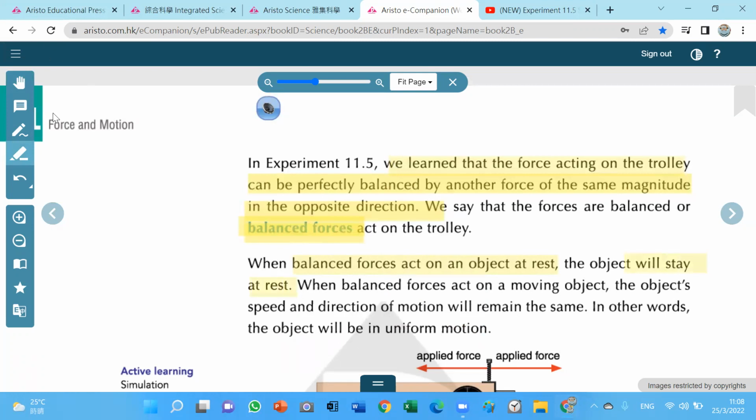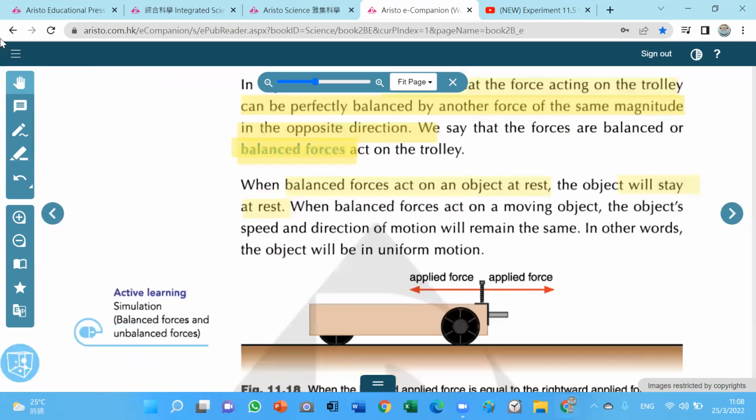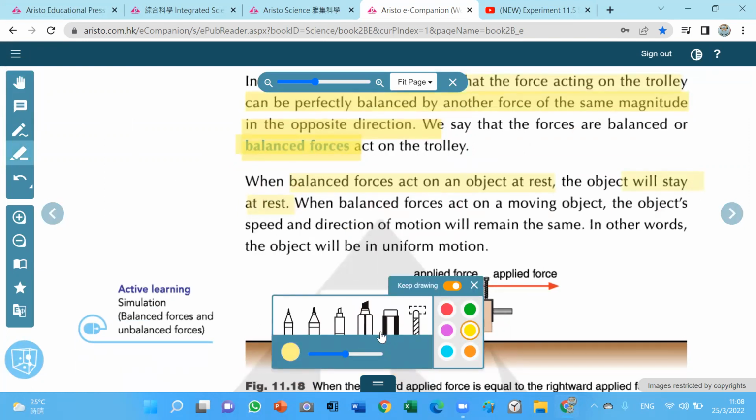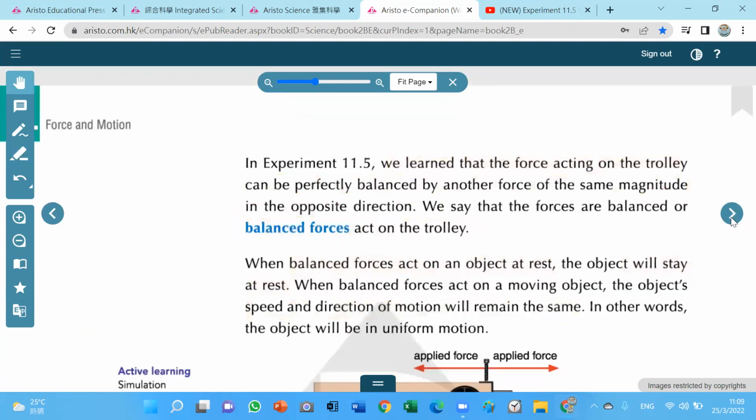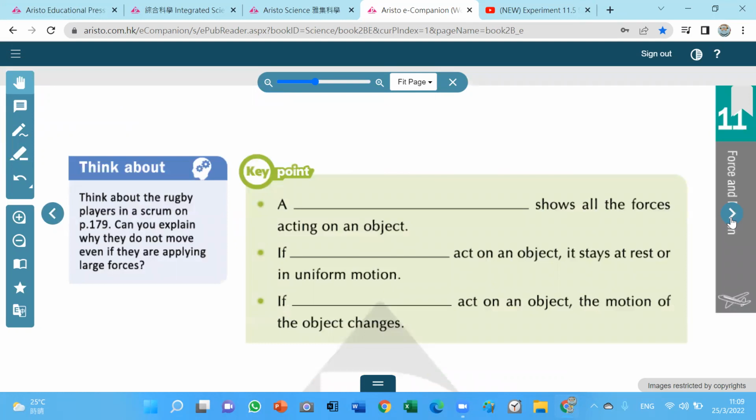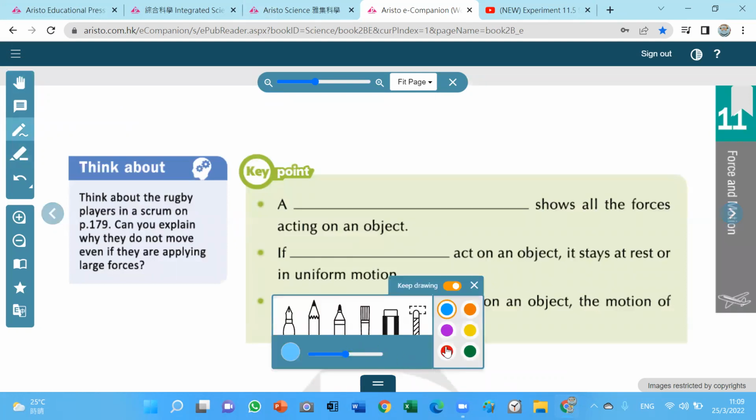So this is a key point, please underline it. It's called balanced force.